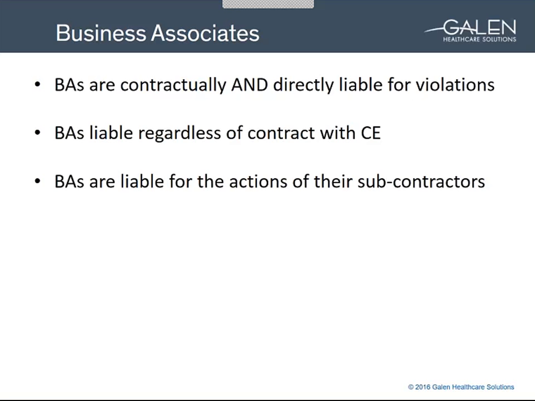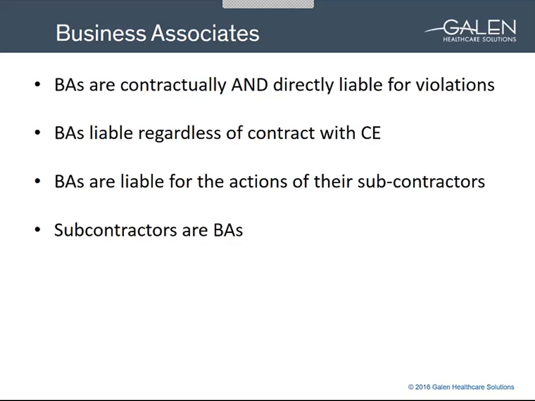The BAA takes precedence, and certainly the federal legislation takes precedence over any of those individual contracts. Not only that, but the business associates are absolutely liable for the actions of their subcontractors, and directly related to that, subcontractors are also considered business associates. So those tie together pretty closely. The implication would be if one of your business associates was using a cloud provider, and that cloud provider had a breach of some kind from a technical point of view, that cloud provider would be considered a business associate in this scenario.